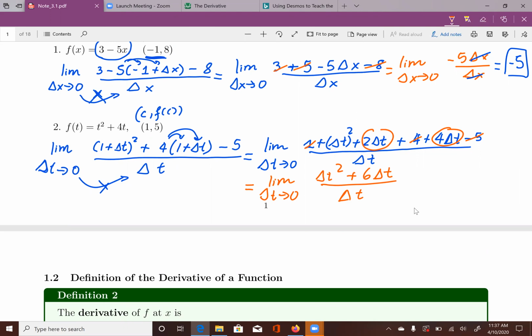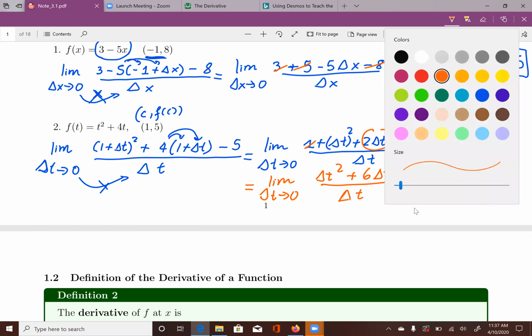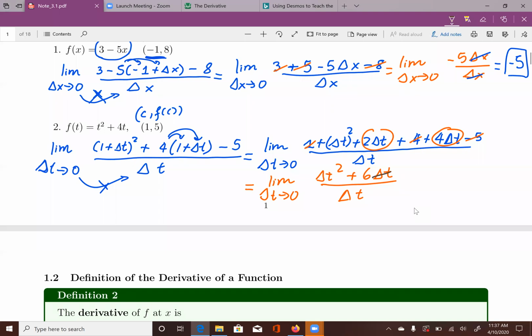And then you see that you have delta t in every single term here. That means you can cancel one delta t from each term. So the left over after this step is delta t plus 6.